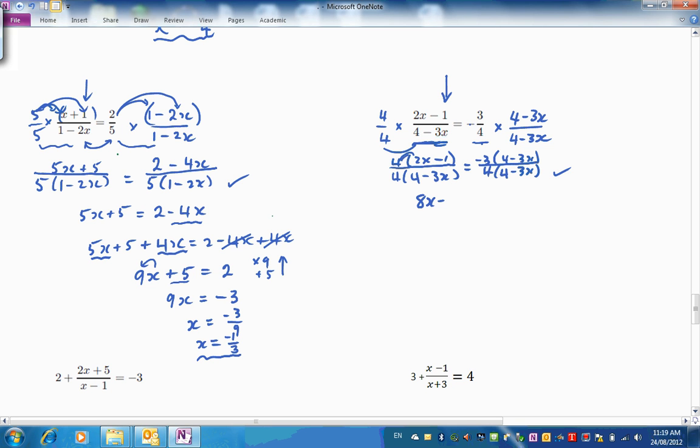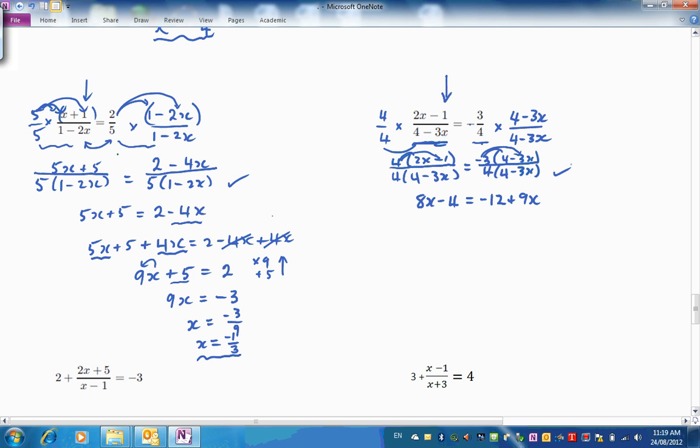Take 4 by 1 is 4 equals, now neg 3, watch this, neg 3, negative times a positive 4 will be a negative 12, and neg 3 times neg 3x, and negative times a negative is a positive, so that's going to be plus 9x.